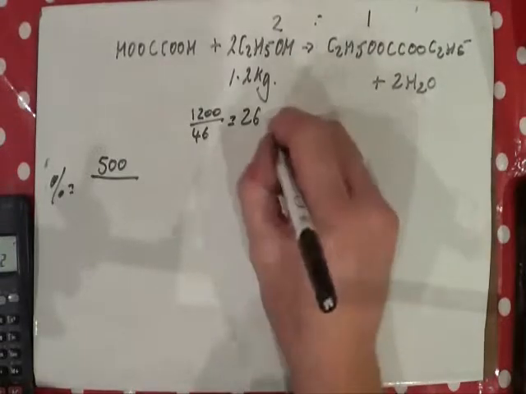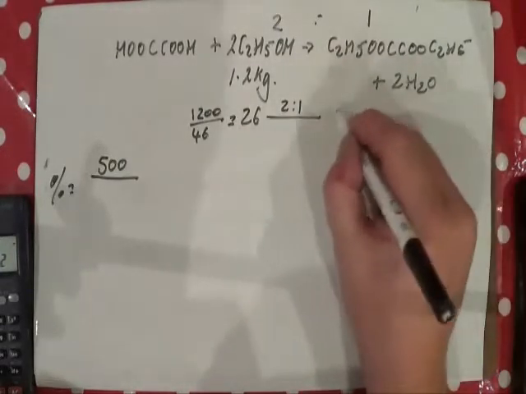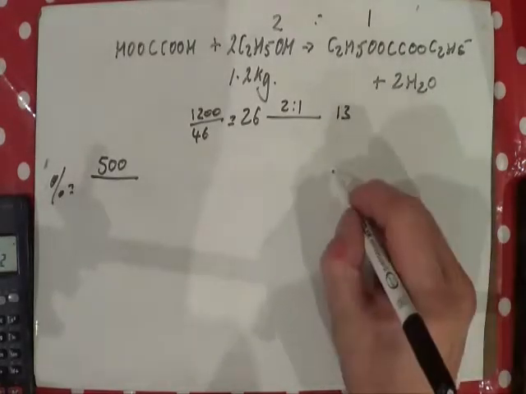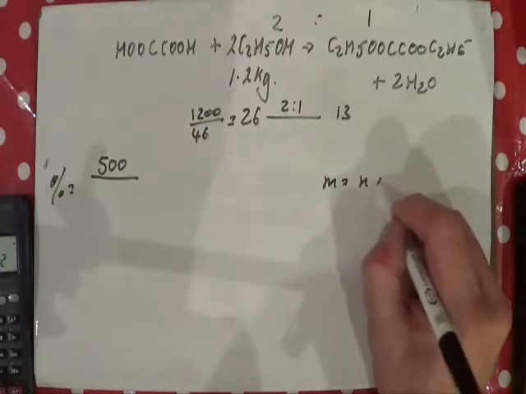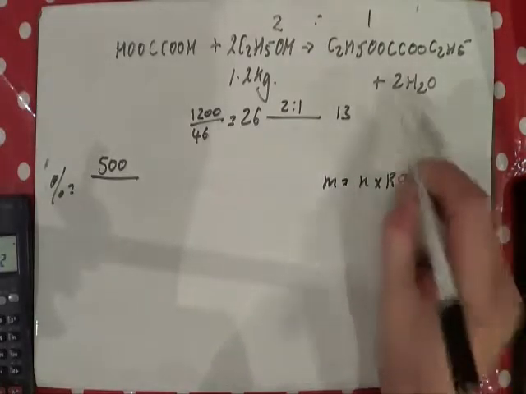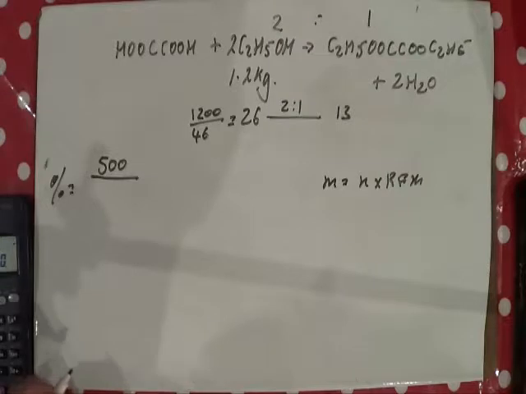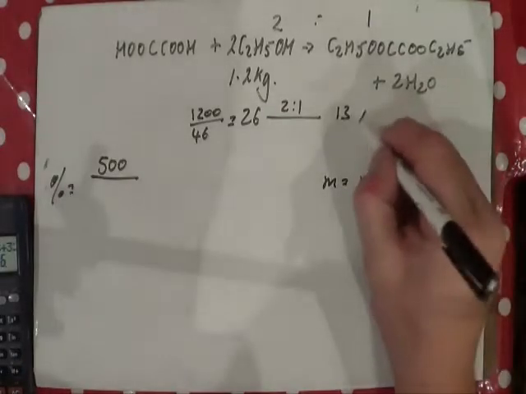Now if I have 26 moles of that and the ratio is 2 to 1, that means I should have 13 moles of this substance here. Now remember that mass equals moles, which is 13, multiplied by the RFM, so I need to calculate the RFM of this substance here. That is 146.